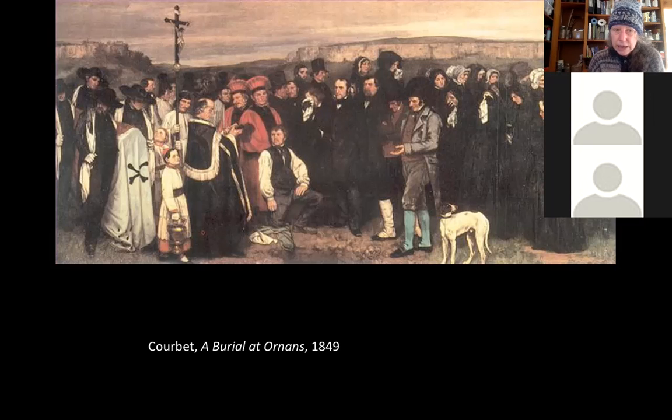So this kind of painting really scandalized people in Paris because he's making a claim, really, that wouldn't sound weird to us, but was certainly weird in the 19th century, which is that the daily events of country people in 1849 in a small town were just as important as, say, Napoleon.